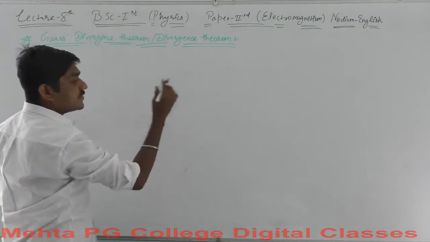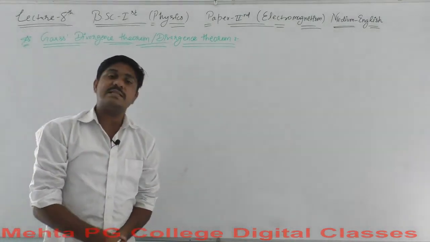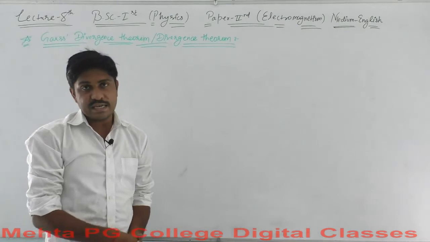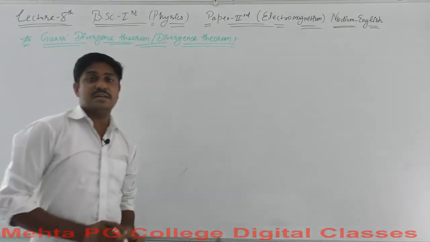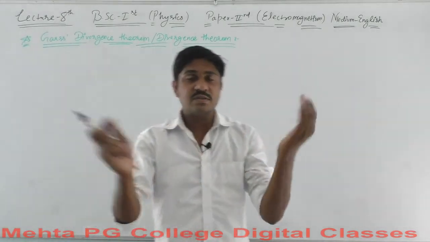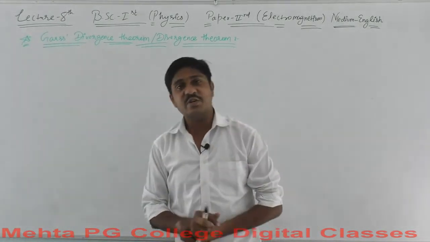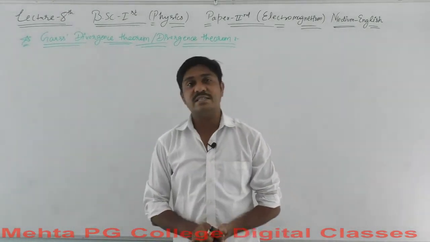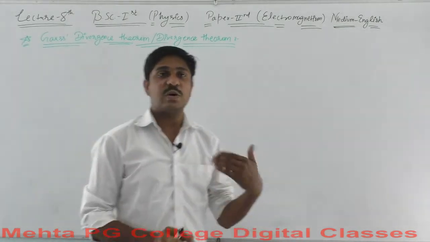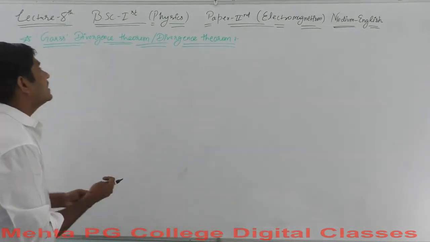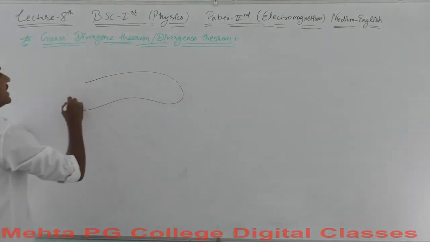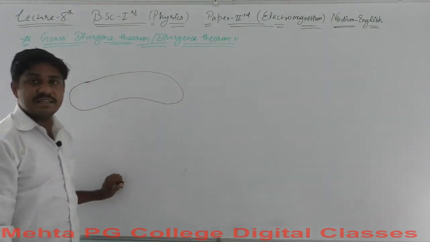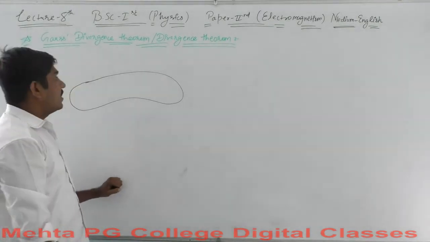It says, if you consider a volume, any certain kind of volume, it could be spherical, it could be cuboid, it could be a cubic shape. Let's say there is a volume, some unidentified volume. You can see this is a volume.